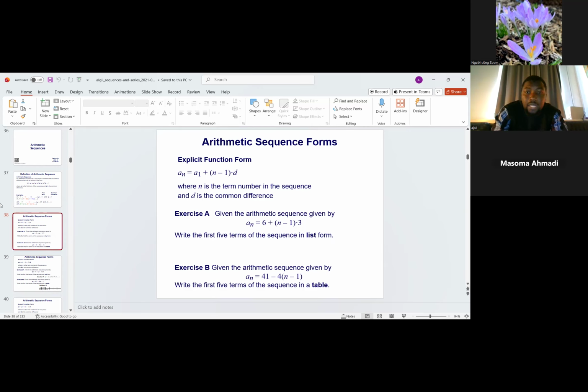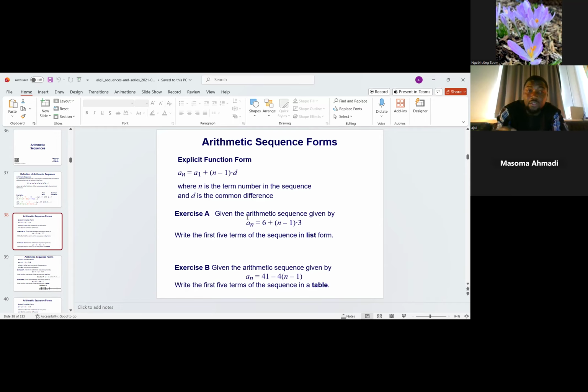Now I want you to write in the chart for me, given this sequence here that you have, a sub n equals 6 plus n minus 1 times 3. Write down the first 5 terms of the sequence in a list form. Now you can put that on the chart.